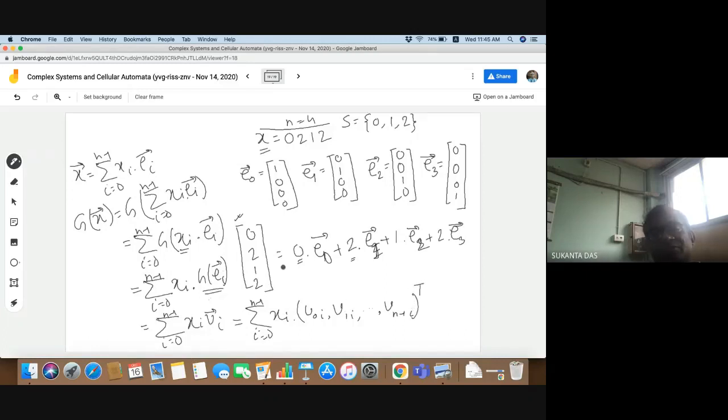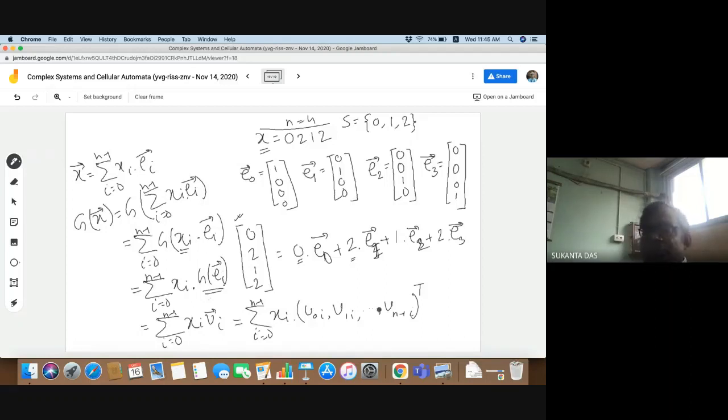I'm taking the transpose of this because we represent it as a column vector, right? That we get. So x will start from 0, then 1, then up to n minus 1.